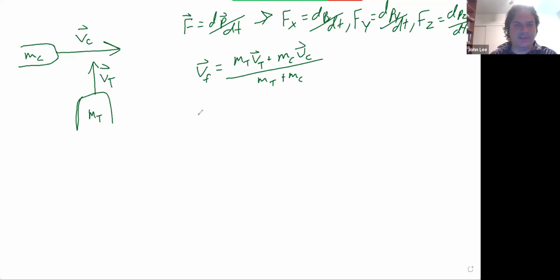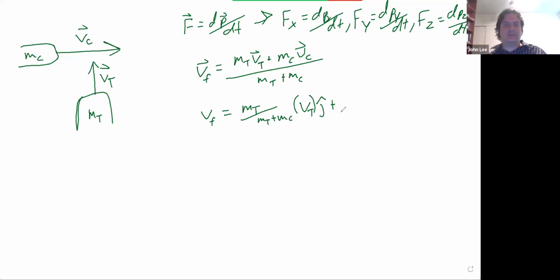So in this case, V final is going to be M truck over M truck plus MC times V truck J plus MC V car I. Actually, let's clean this up a little bit.